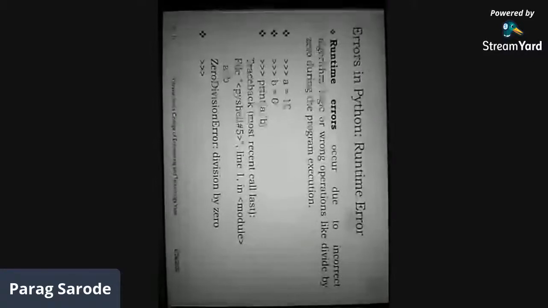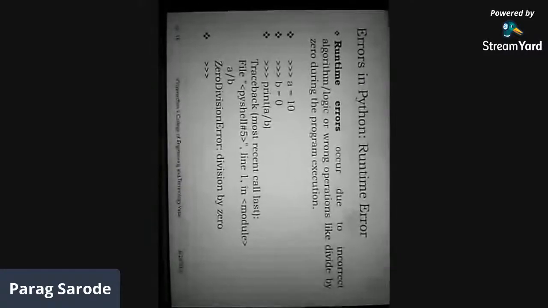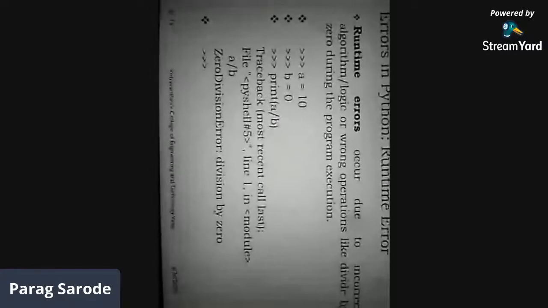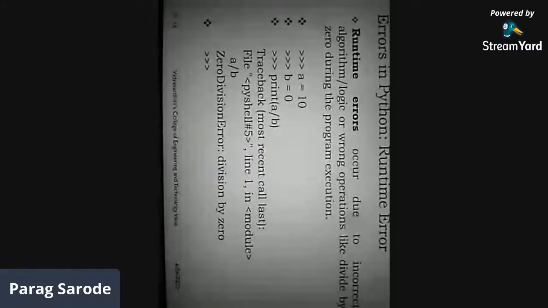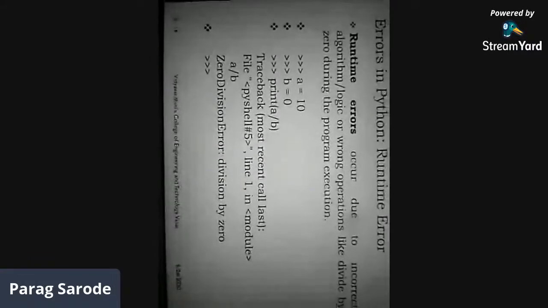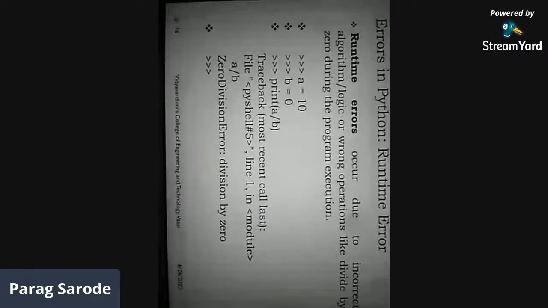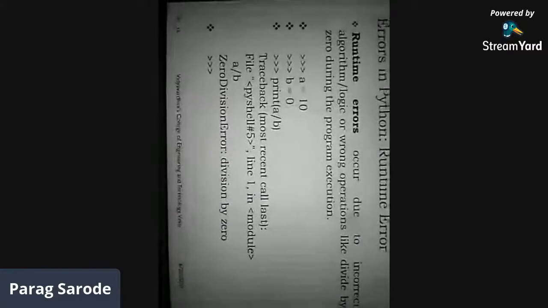As you already know, anything divided by 0 is infinity or does not exist. So let's see what is the error which Python shows. Python shows traceback, most recent call last. It shows ZeroDivisionError, that is division by zero.